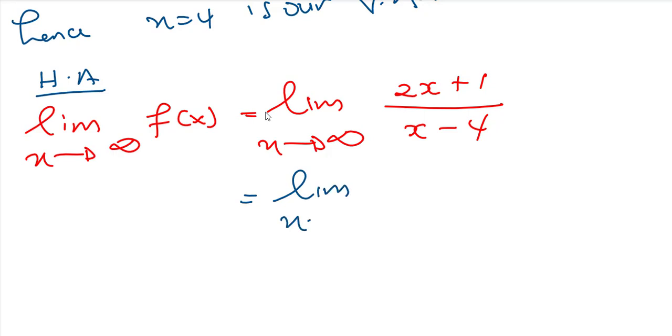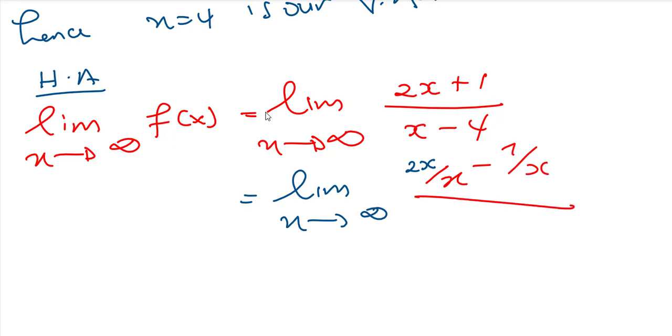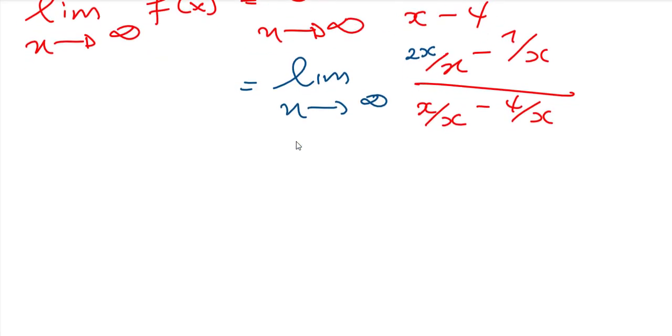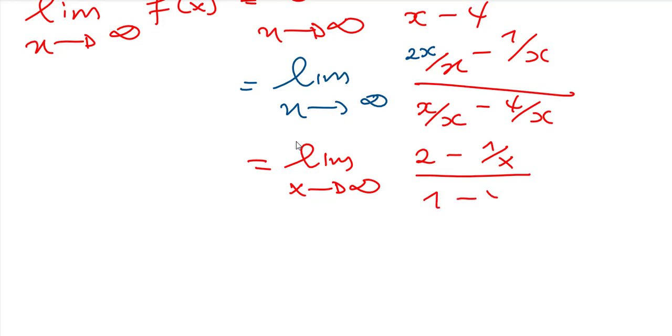So we have the limit as x approaches infinity of (2x on x plus 1 on x) divided by (x on x minus 4 on x). This will be equal to the limit as x approaches infinity of (2 plus 1 on x) divided by (1 minus 4 on x). Now what do we see?